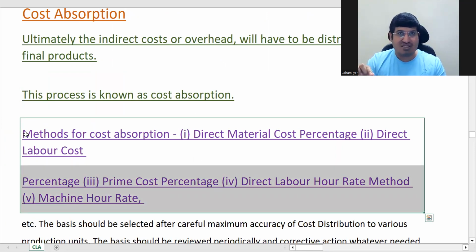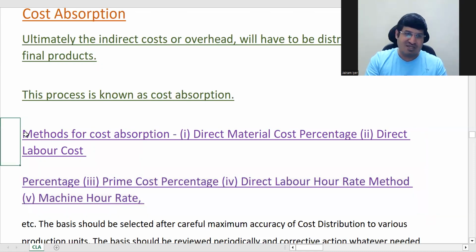So why these bases? Because you have a predetermined relationship with overhead. Just think, you have annual overhead. In 1 year, if you are having say 1,000 orders, you cannot measure the overhead separately for each order, so you have to do it on some basis.